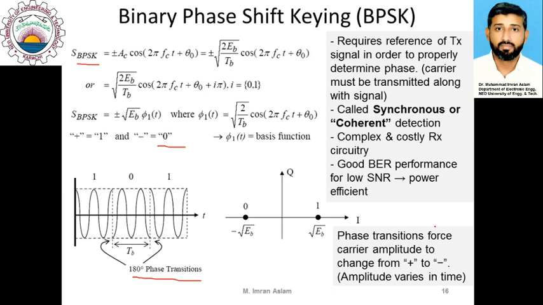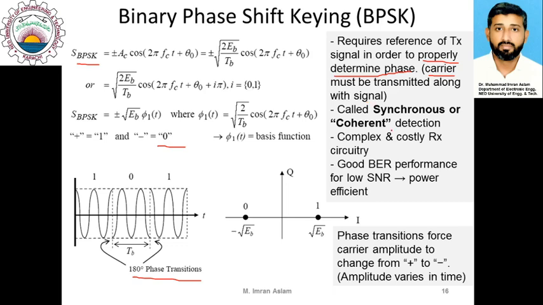Because in binary phase shift keying the information is encoded in the phases, it is very important to properly determine the phase at the receiver side. In that case, we need to transmit the carrier along with the transmitted signal as well, in order to properly synchronize the transmitter and receiver.